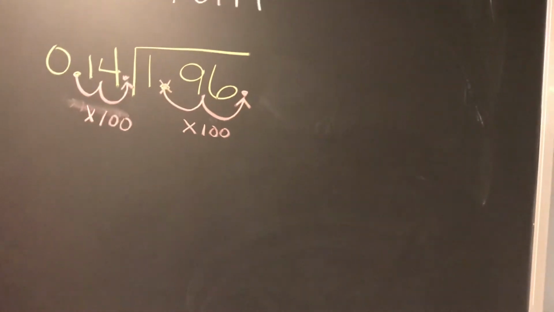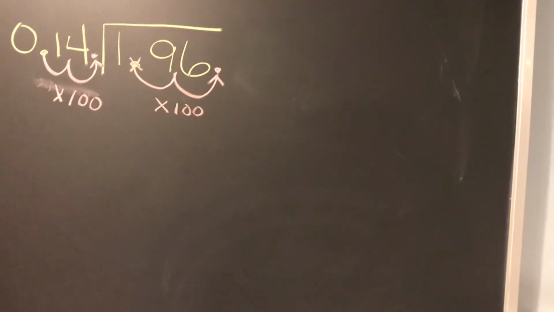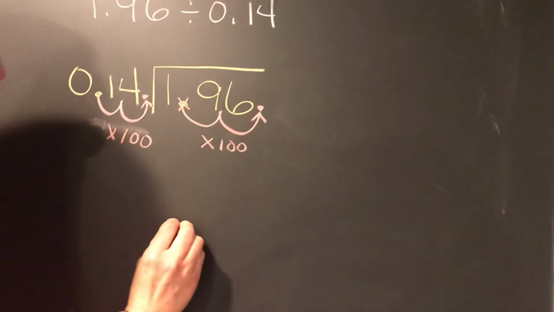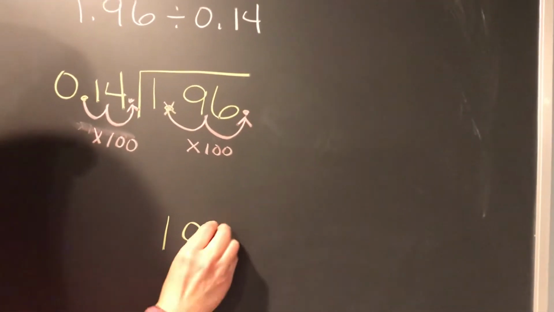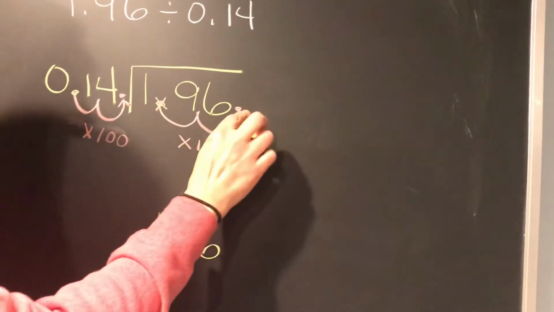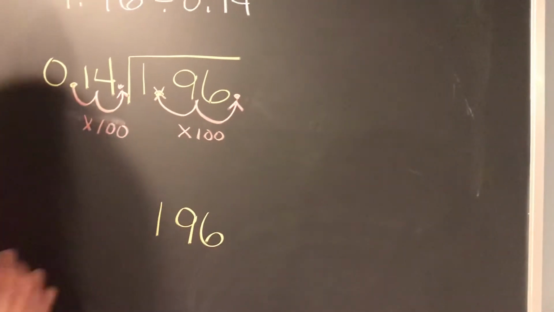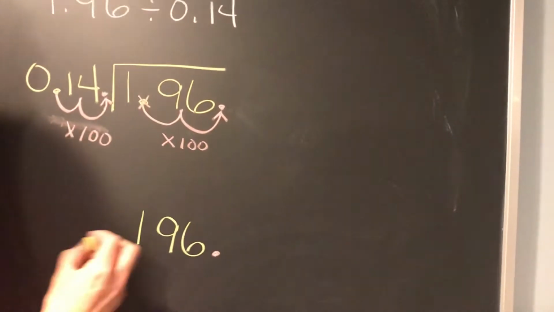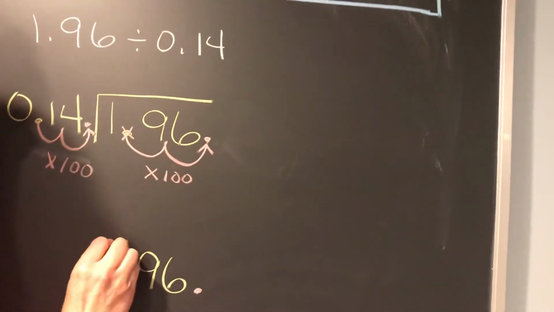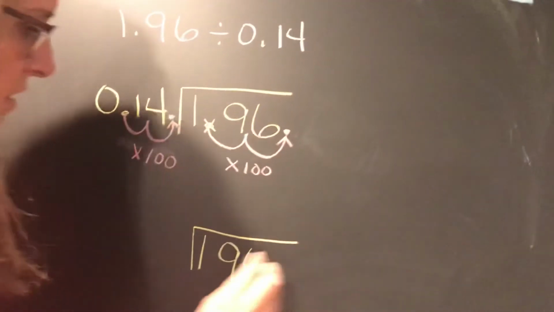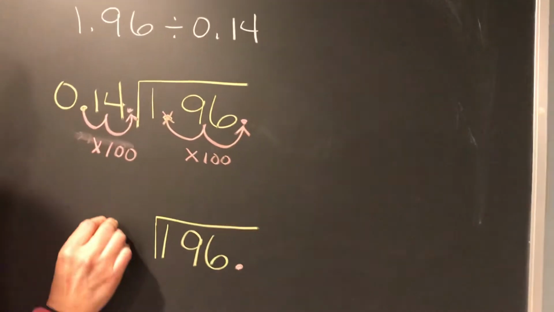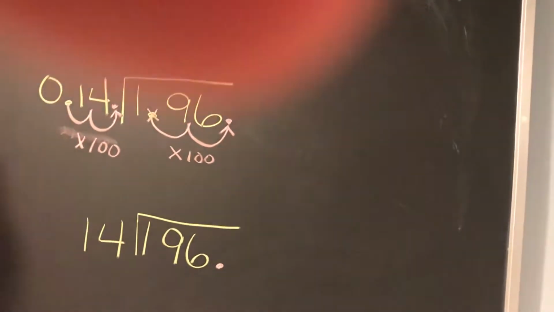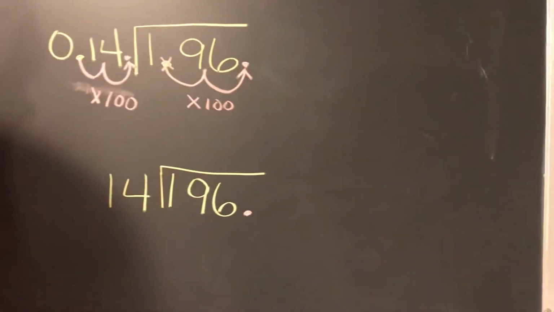Okay, so I'm going to rewrite it so I can go ahead and solve it. Watch this, though. 196. I am going to keep that decimal point at the end of my dividend. It'll be important soon, not necessarily tomorrow. And then this is 14. Okay, 196 divided by 14.